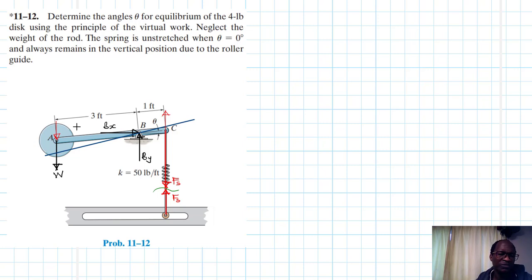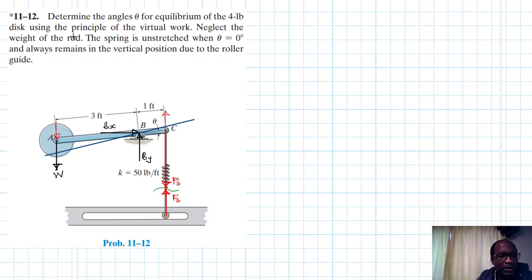At B, we only have rotational virtual displacement. We do not have translational. Rotational virtual displacement goes with a couple moment. Translational virtual displacement goes with a translational force for virtual work to exist, right? Great.